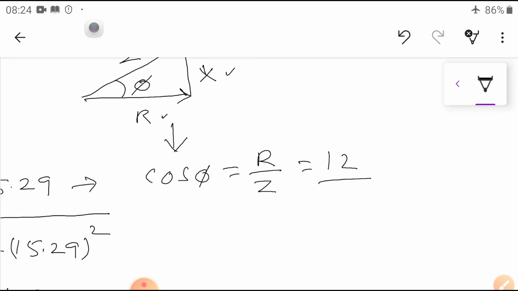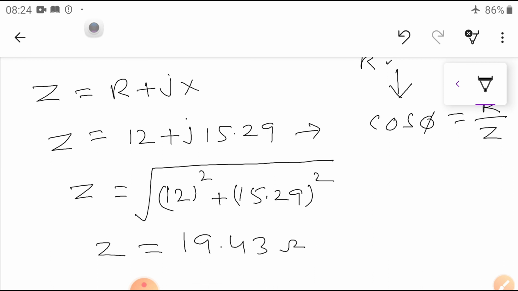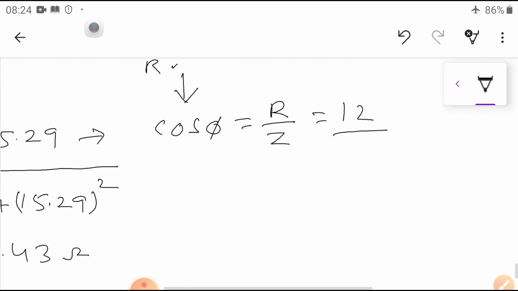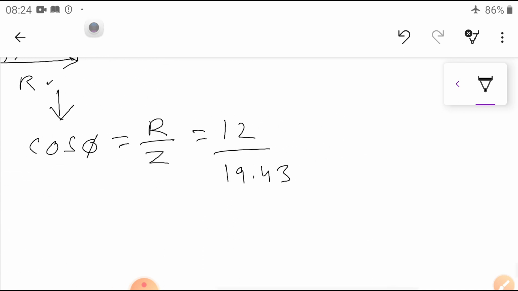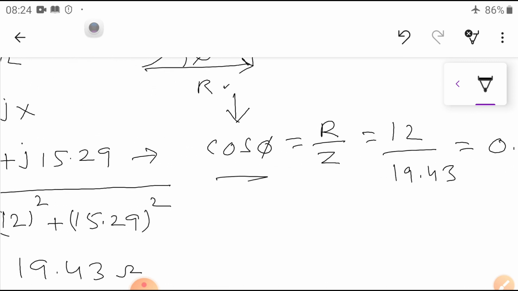What is the Z? We calculated it, 19.43. So then you are going to get 0.6176. Leading or lagging? Inductive is always lagging. So power factor is also calculated here.